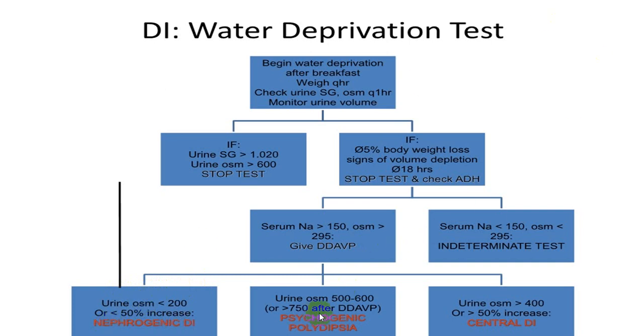And if there is an increase in urine specific gravity and urine osmolality after the deprivation test itself, it is in favor of psychogenic polydipsia.